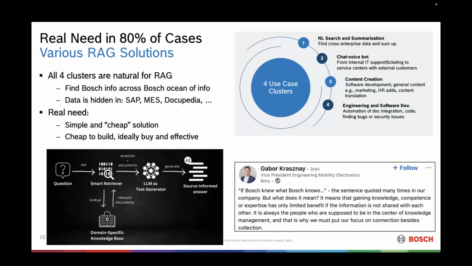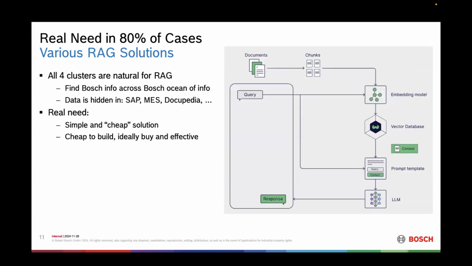And actually, at the very beginning, simple and cheap solutions were giving surprisingly good results. So some base RAG, where you take data, map it into the vector space, then do retrieval and then use an LLM in that way.